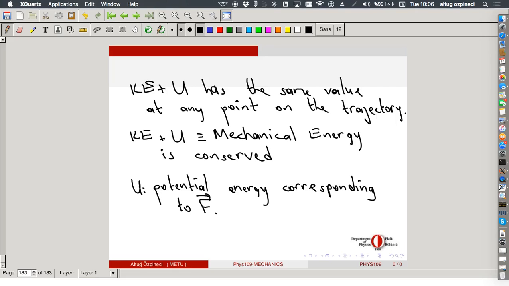Of course, it is conserved if there are no other forces acting on the system.